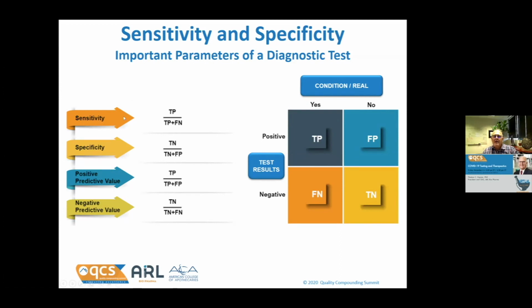So when we talk about sensitivity, that sensitivity is really looking at the ability to detect true positives, and that's divided by true positives and false negatives. So remember that false negative, that person really has COVID, it just was reported negative. So you want to see how sensitive you can get in the assay. Specificity is the true negatives.